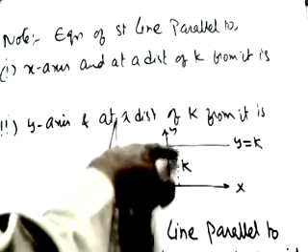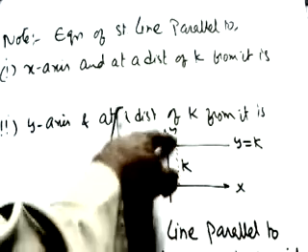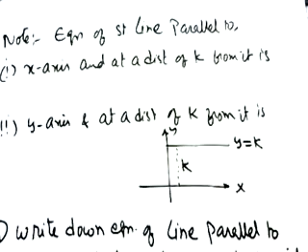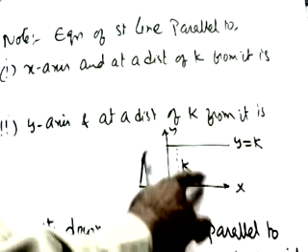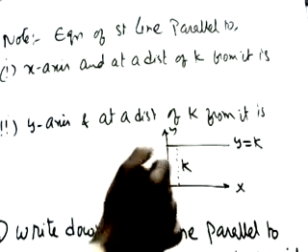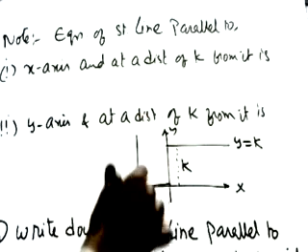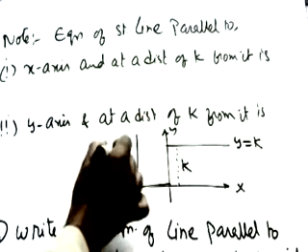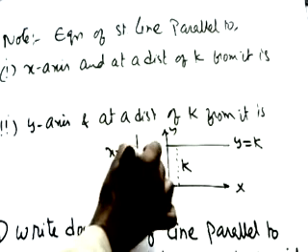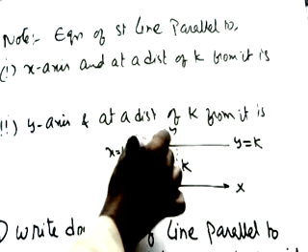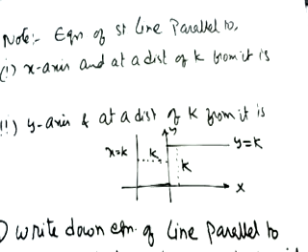The line parallel to the x-axis and at a distance of k units from it is y equals k. In the same way, the line parallel to the y-axis is x equals k, where k is the distance from the y-axis.